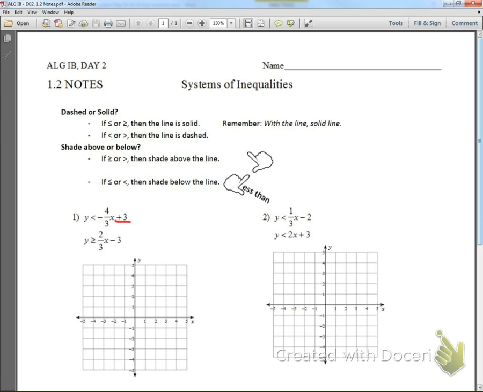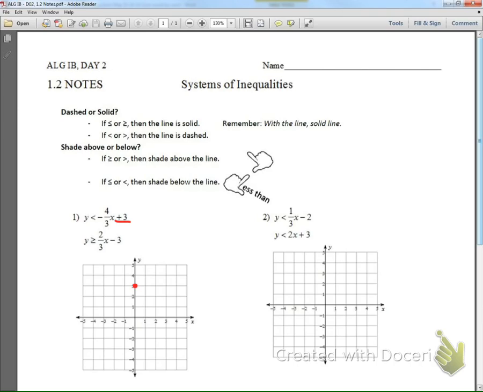So I will plot that point on my y-axis. That is the y-intercept, just like an equation. Then I will use my slope to find another point on the line. This inequality has a negative slope, so I will count down, or fall, 4, and run to the right 3.